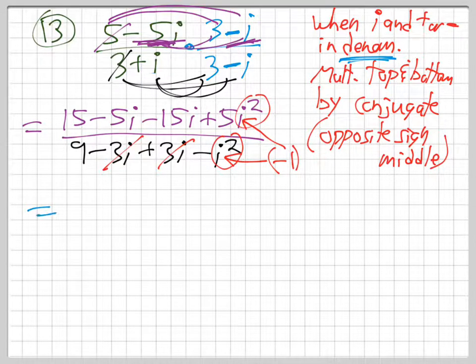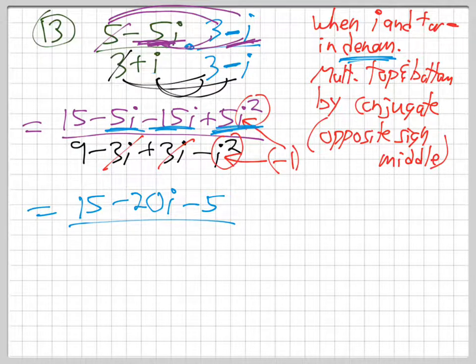So what do we got here? 15 minus 5i minus 15i? Like terms there? Minus 20i. And then what about plus 5i squared? Minus 5, because that i squared becomes negative 1 and switches the sign of whomever he's next to. This isn't too bad.